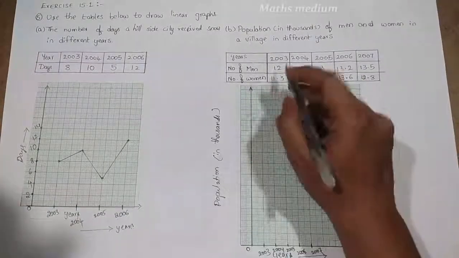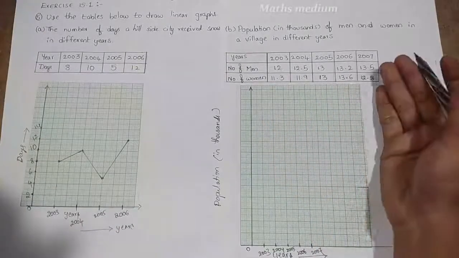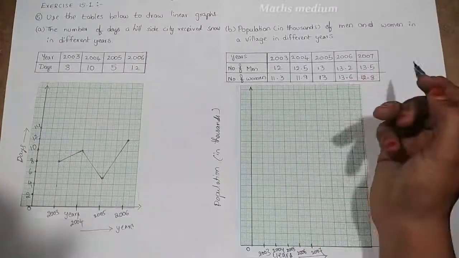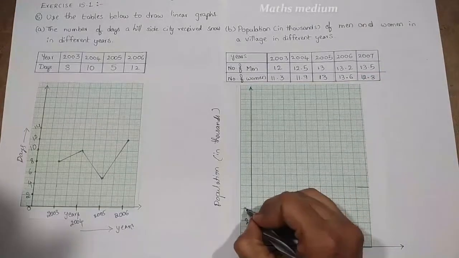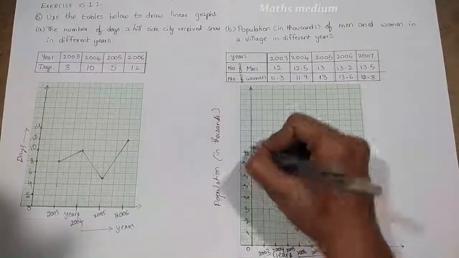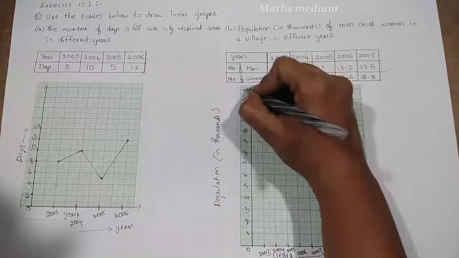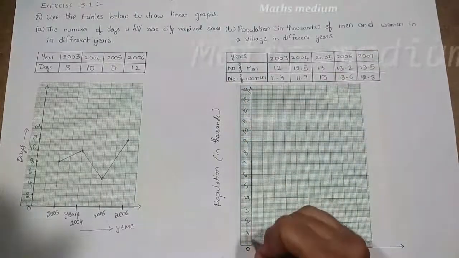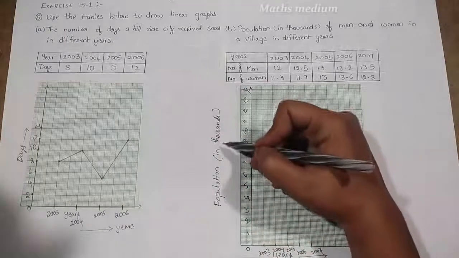So this goes from 11 up to 13.5 or 13.6 also. So I'm taking 0, 1, 2, 3, 4, 5, 6, 7, 8, 9, 10, 11, 12 and 13. This is 14. Now each and every one is 1000, 2000, 3000, 4000 according to the population in thousands.